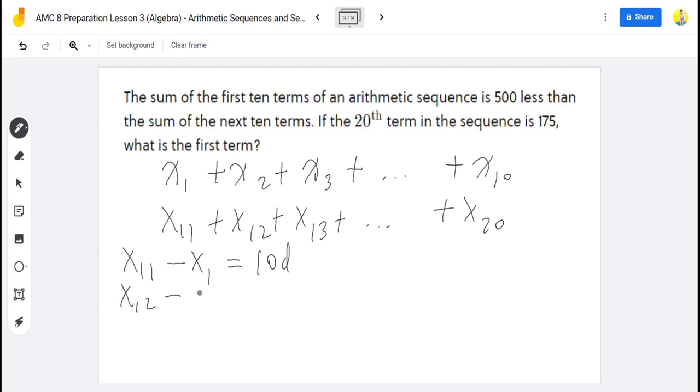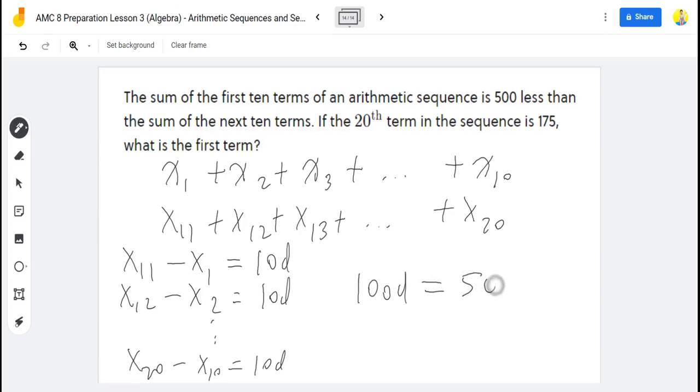And x12 minus x2 equals 10d, and so on, all the way to x20 minus x10, which equals 10d. That means that the difference between the sum of the next 10 terms and the sum of the first 10 terms is just 100d, and that equals 500.